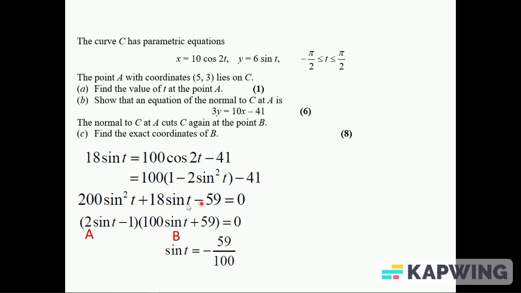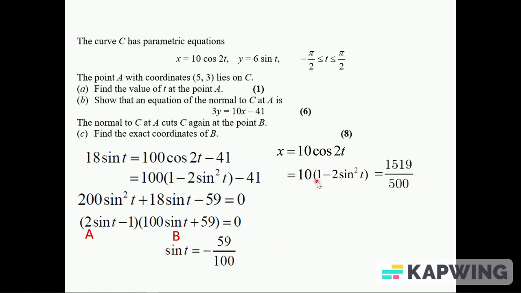Your calculator should get that if you stick that in the quadratic function. But we want the exact coordinates of B. So at B, we can put x equals 10 cos 2t and stick in our double angle formula as well, because we know what sine t is. We don't know what cos 2t is though, but we can change it using the double angle formula. So if we do 10 lots of 1 minus 2 lots of this.